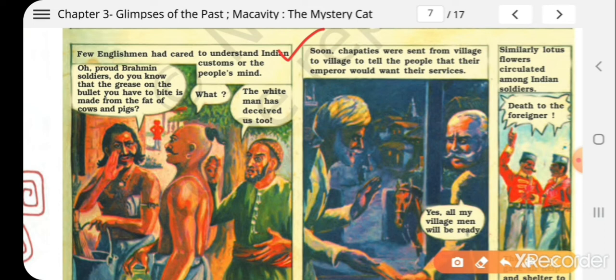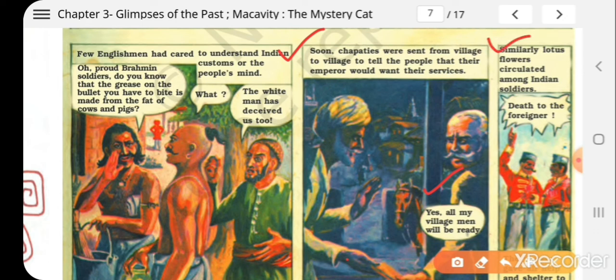Means they took it like a formula to spread from village to village. They sent chapatis as a symbol that the emperor wants your service in the rebellion against Britishers. So the people were saying that yes, all my village men will be ready.